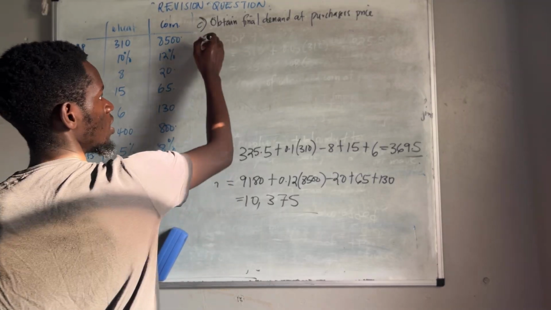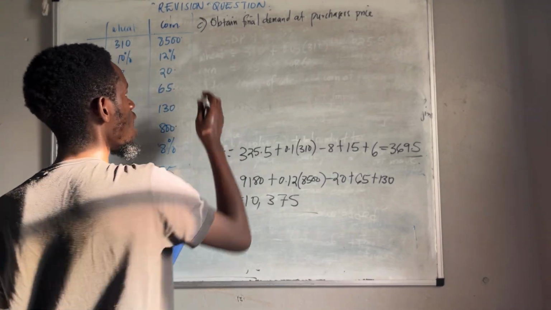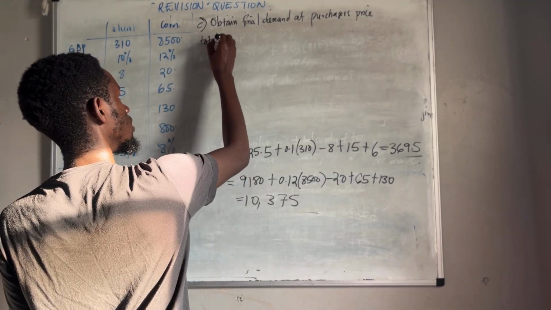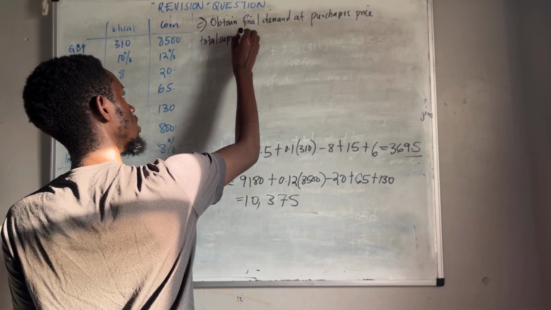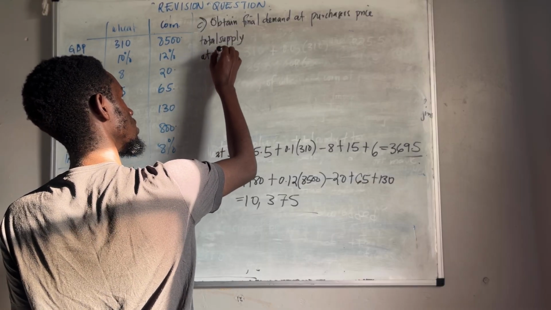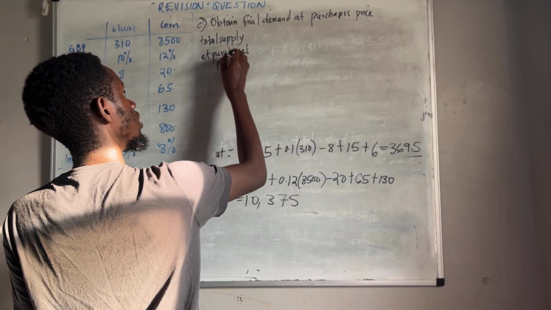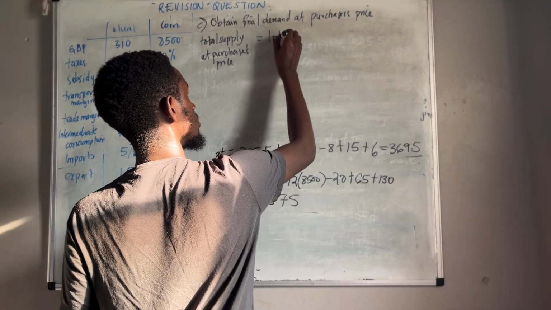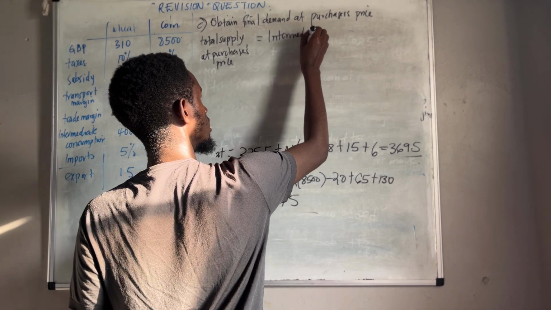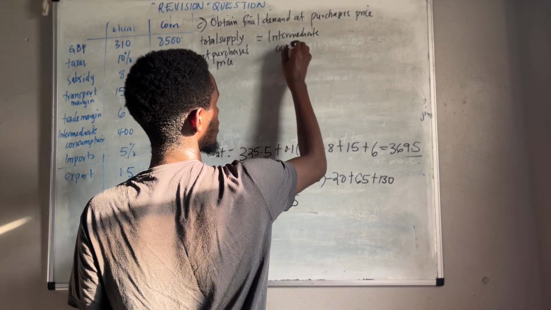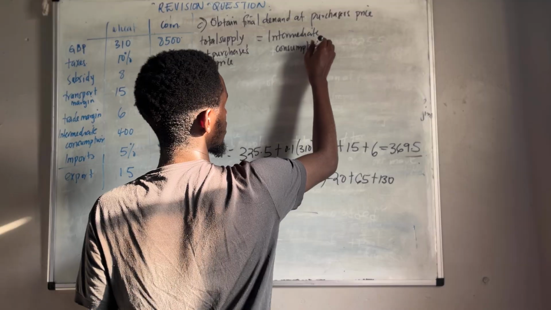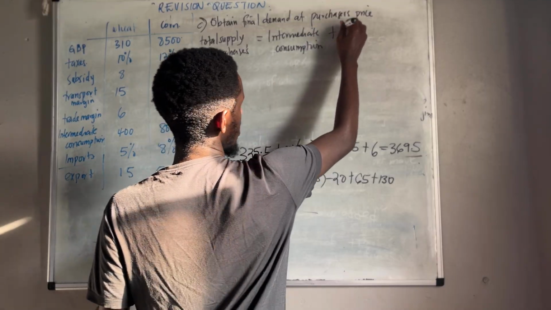Remember, we said final demand and purchaser's price. We get it from the formula from the use table, where total supply at purchaser's price equals intermediate consumption plus final demand.